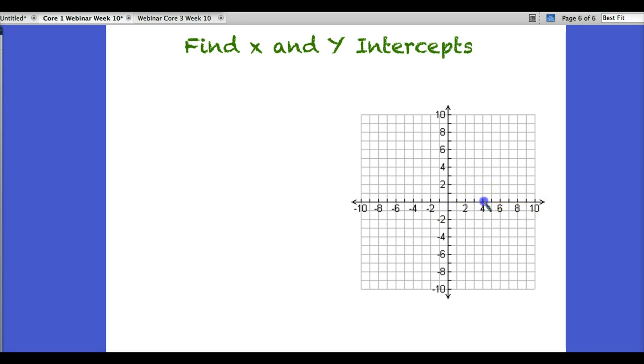So let's just say this is my x-intercept because my line goes through 4. So I know this is 4, right? What is my y right there? Leda is typing, good. 0? 0, exactly right. My y is 0.